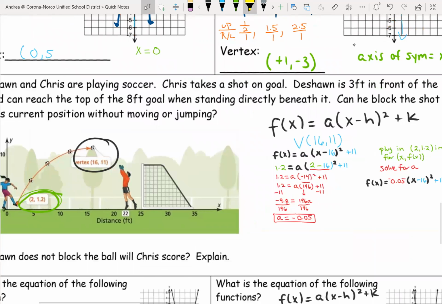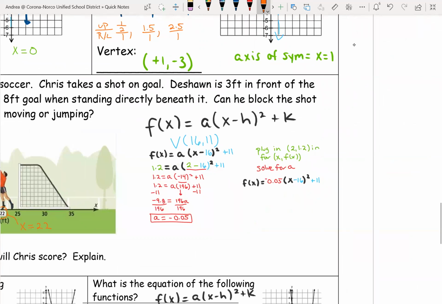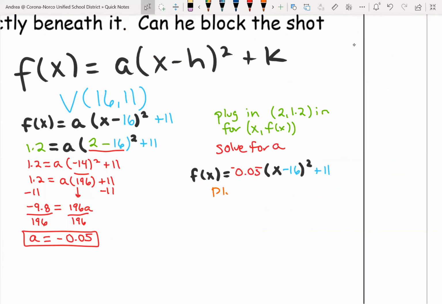So now we're going to plug in x equals 22, to see how high he has to reach, to find the y value, or in this case, the f of x value.